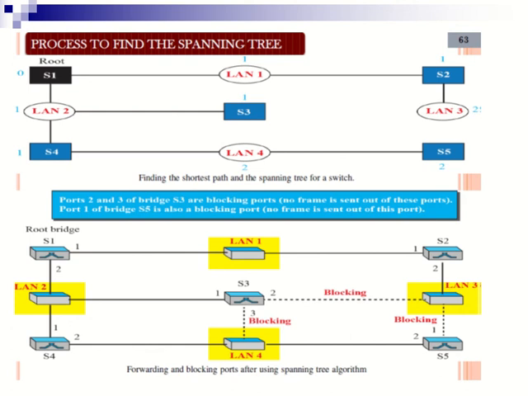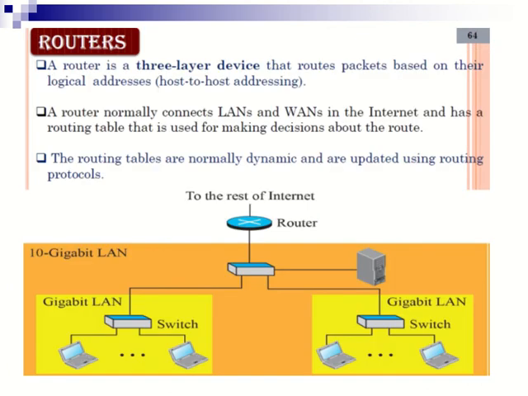And this is going to remove the looping problem that usually occurs in transparent switches. Next, we'll move on to routers, a device which operates in three layers. It operates in the physical layer, data link layer, as well as the network layer. As a physical layer device, it regenerates the signal.